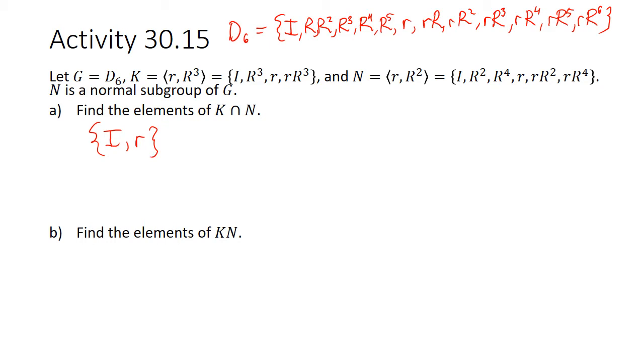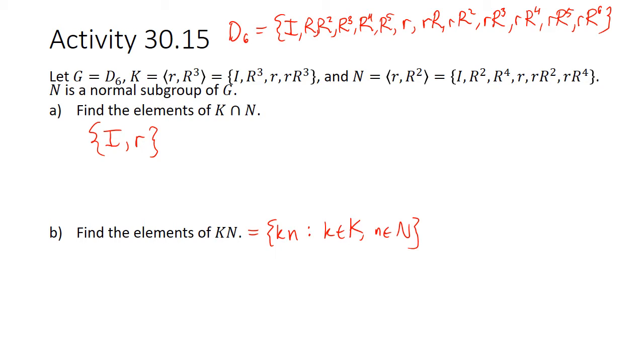Okay, part B, find the elements of KN. Remember, we're just multiplying together each element of these two subgroups. I believe we actually get all of the elements of D6.